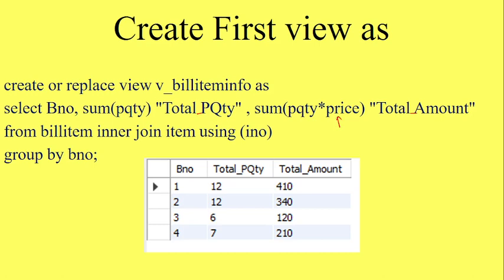Purchase quantity we already have in the bill item table. We need the price of that particular item. So this price multiplied by quantity of all the items, bill number wise. In each bill, the purchase quantities will be added, and every purchase quantity and price will be multiplied, and then we are getting the sum. This is how we will be getting the output.